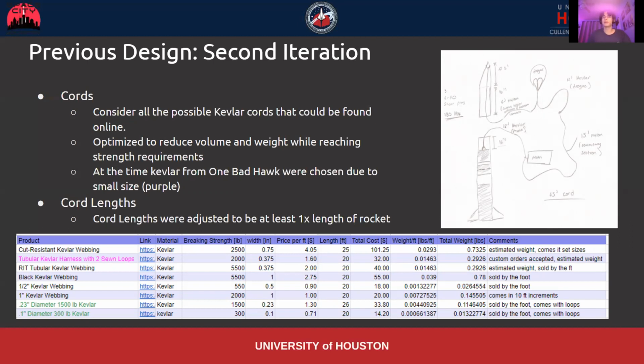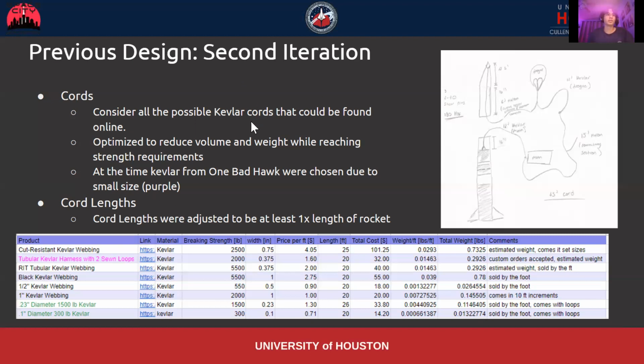So we made this sheet over here where we found all the different websites where we could get Kevlar from. And then from that, based on the price, the volume, the thickness and all that, we narrowed down our decision.